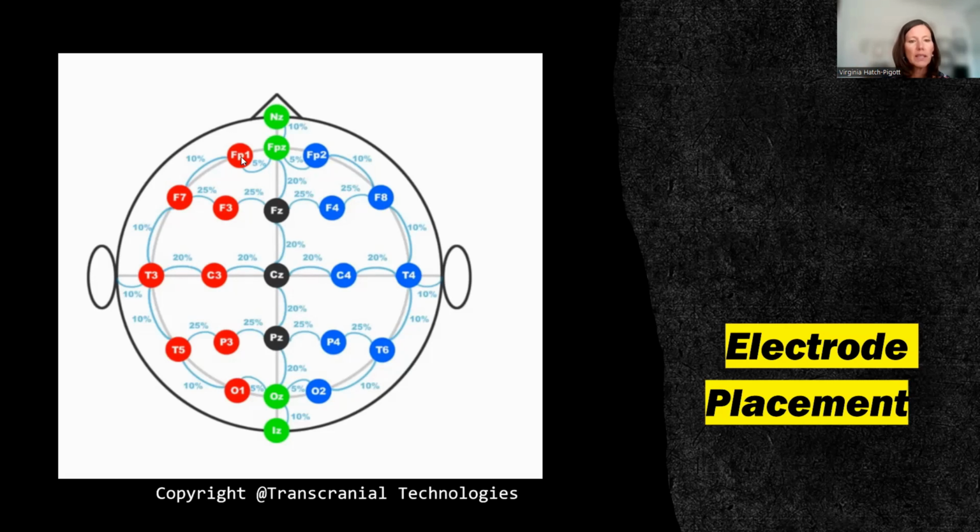And then going to the right, 10% is F8, 10% of the distance is T4, another 10% is T6, another 10% is O2, 5% to OZ, 5% to O1, 10% of that distance is T5, another 10% to T3, another 10% to F7, and then 10% back to FP1.